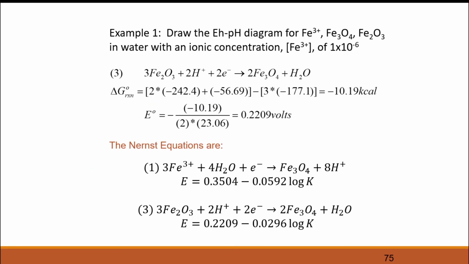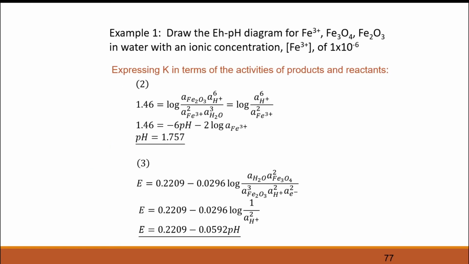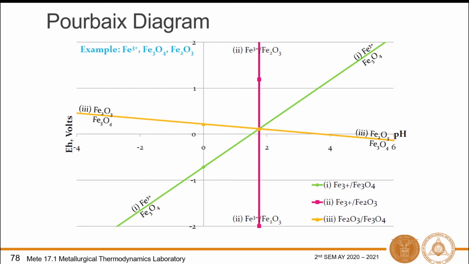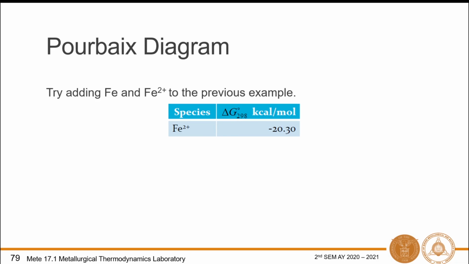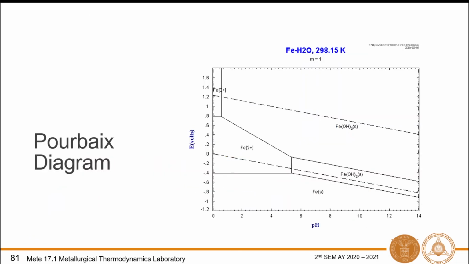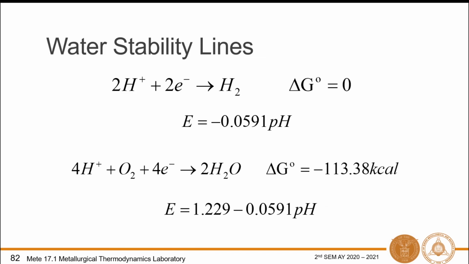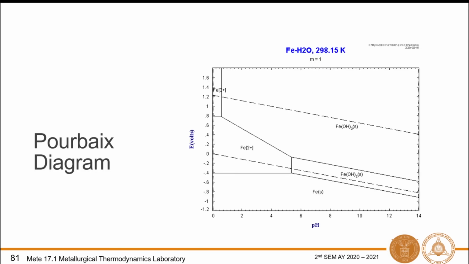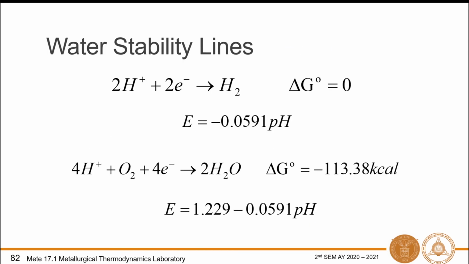Okay, so one thing that you need to do for a Pourbaix diagram, notice that a Pourbaix diagram is done in aqueous solutions, and therefore it doesn't make sense to go beyond the stability of water. Right? So, it is important that we put in the stability of water.